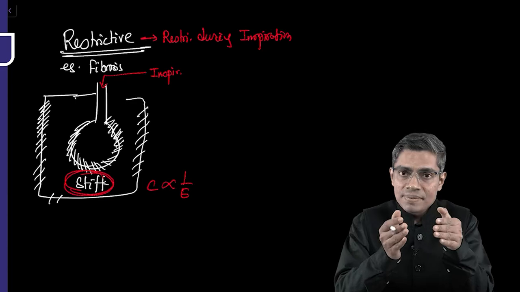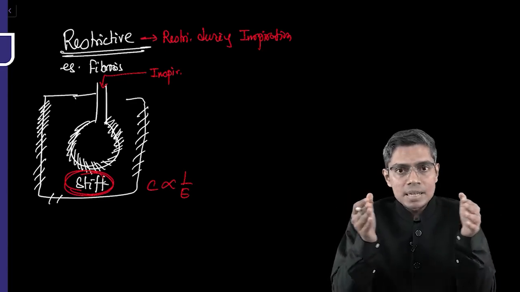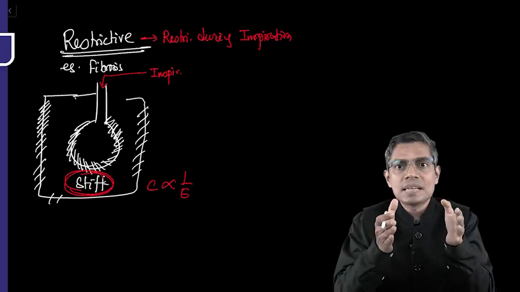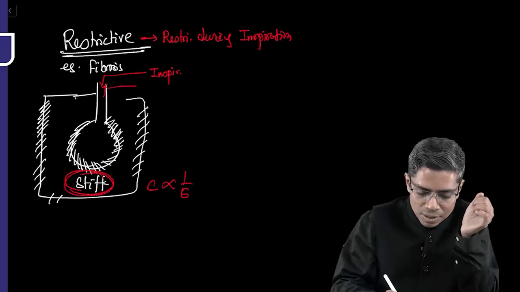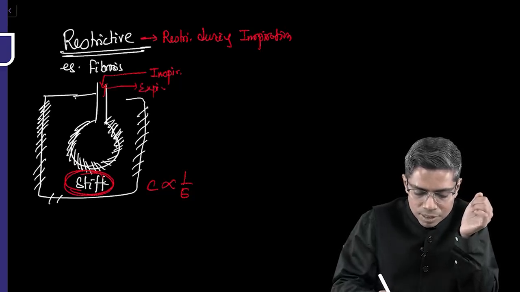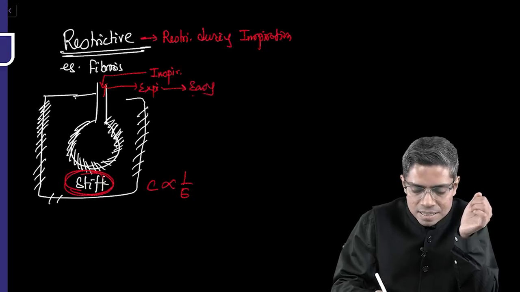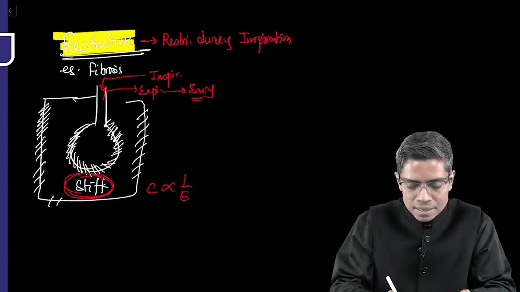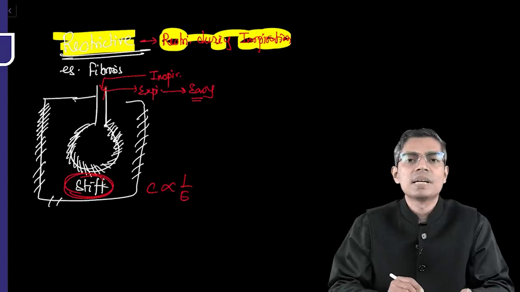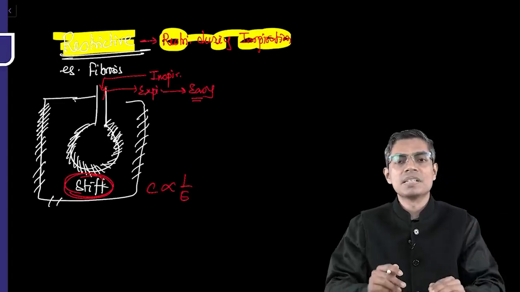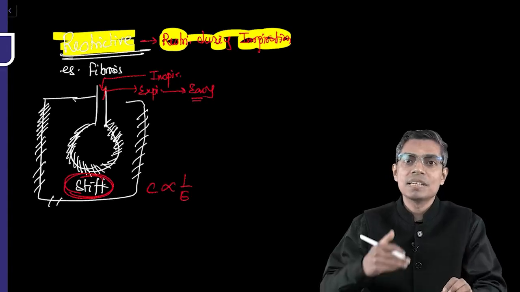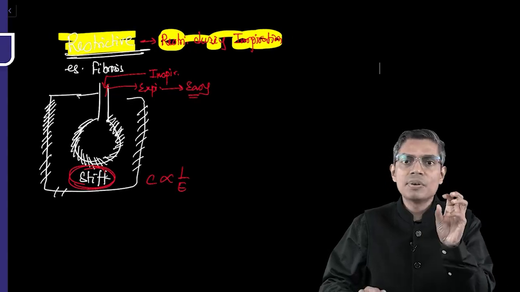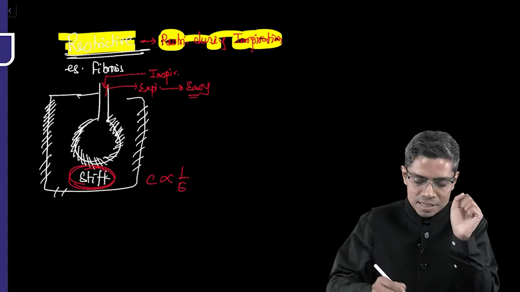So there will be difficulty in inspiring, but when you release the lung during expiration, there will be rapid expiration. So expiration of this person will not be that problematic, it will be easier. That's why we say that restrictive disease means the problem occurs mainly during inspiration, and obstructive disease means the main problem occurs during expiration.